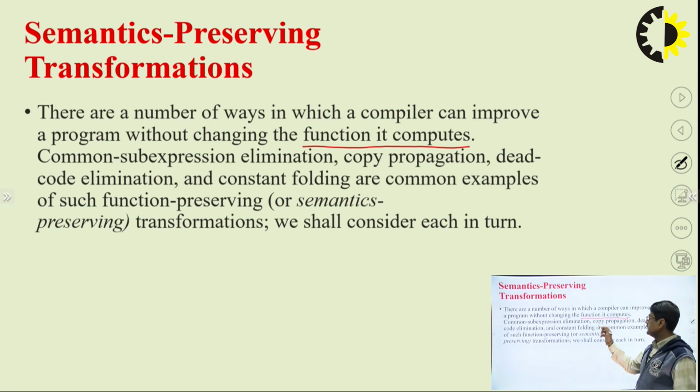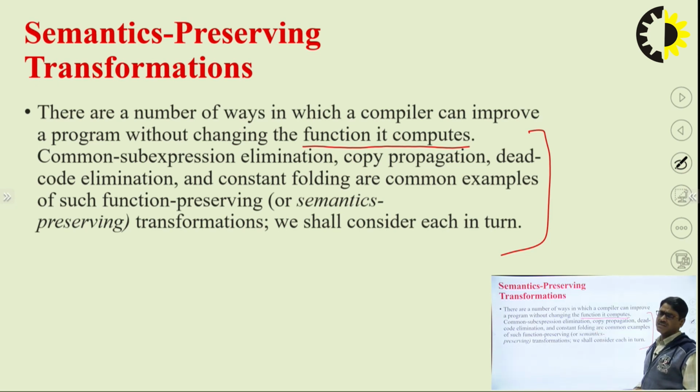Then there are different kinds of optimizations. One is common sub-expression elimination, copy propagation, dead code elimination, constant folding. These are function preserving or semantic preserving transformations. We shall consider each in turn. These are called semantic preserving transformations because they are basically related to semantics, and they are a kind of local optimization.